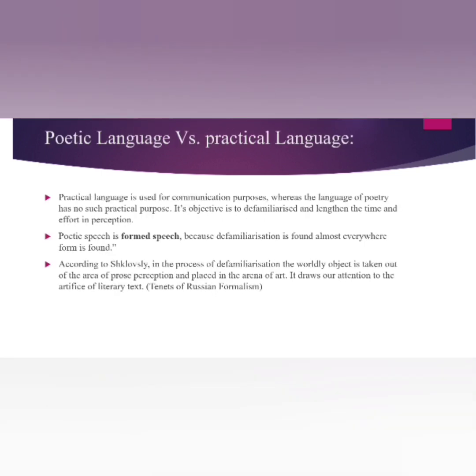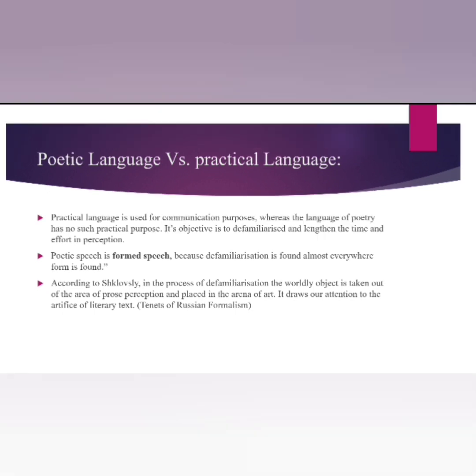So, Shklovsky, in his essay, distinguishes between poetic language and practical language. He says that practical language is for communication purposes, while poetic language is a form language and a roughened language, because in poetic language the structure of syntax and linguistic structures are deviated from their normal use, due to which poetic language is different. And when there is use of figurative devices, imagery and metaphors, it is roughened language, a form language.